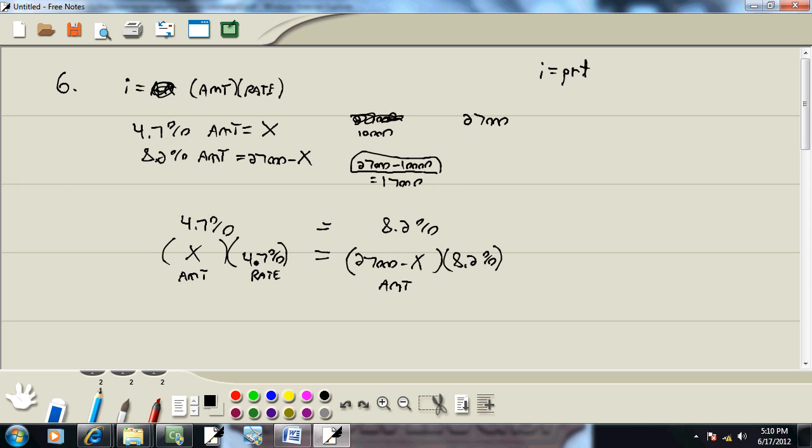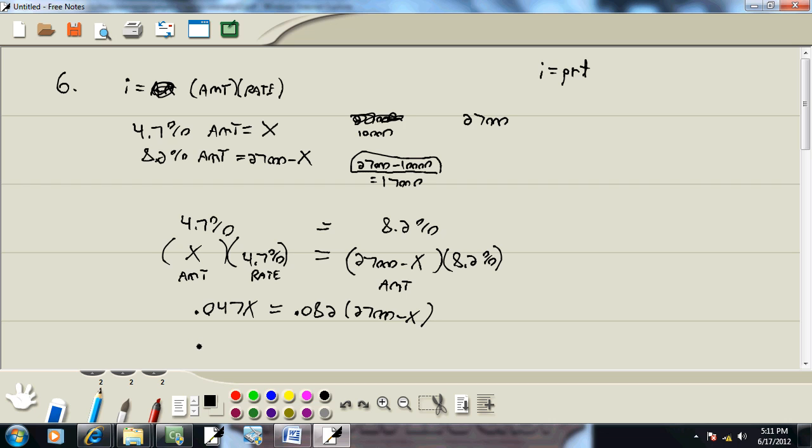Now, we want to change these percents to decimals, so this will be 0.047x, and this over here will be 0.082 times 27,000 minus X.